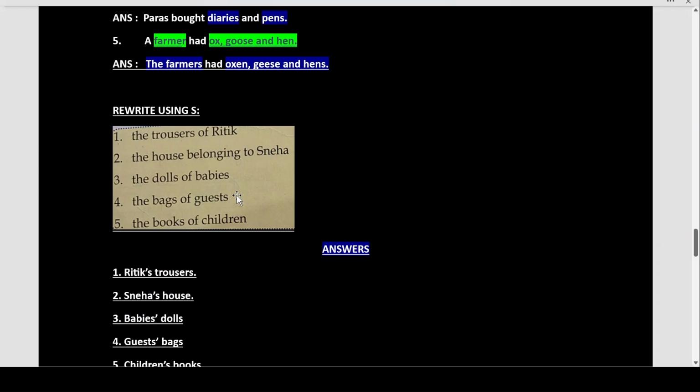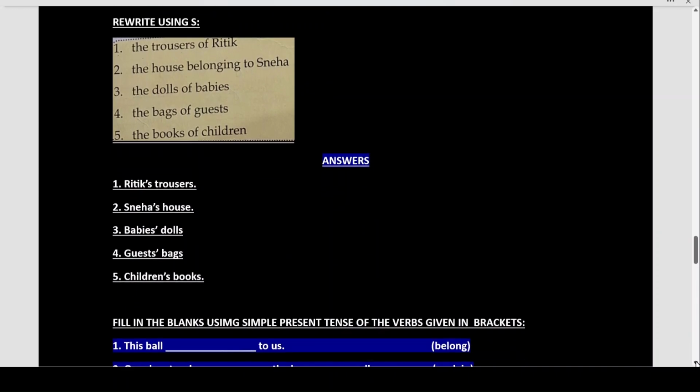Just keep it in mind that when the plural form of certain words ends in S, where do we place the apostrophe mark? The dolls of babies becomes babies' dolls. The bags of guests, guests' bags. So this is a very important thing that you need to keep in mind.